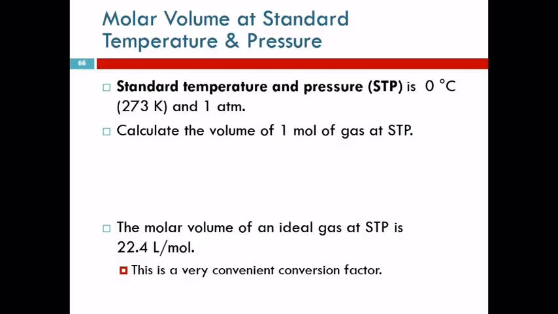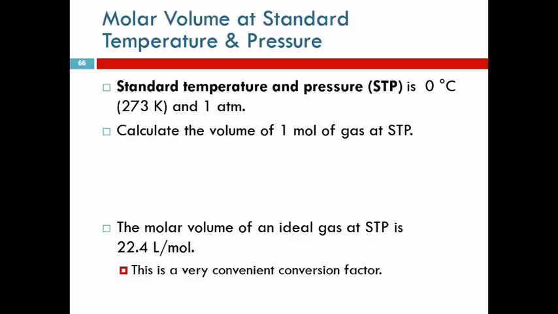We've talked about molar mass, the mass of 1 mole. We also, for gases, have a concept of molar volume, which is the volume of 1 mole at standard temperature and pressure. Standard temperature and pressure is abbreviated STP, and that means 0 degrees Celsius and 1 atmosphere. The freezing point of water and normal atmospheric pressure.